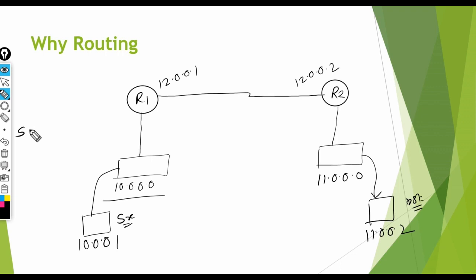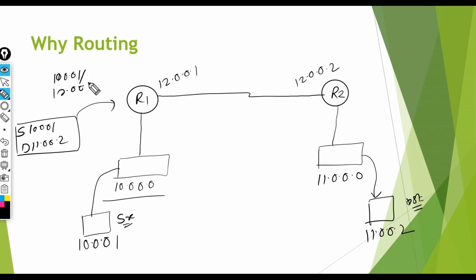Whenever the source generates a packet and it goes to the router, your router will have the 10 dot network and 12 dot network available in the routing table, because its directly connected networks are this and this.